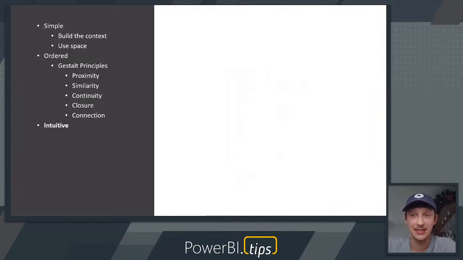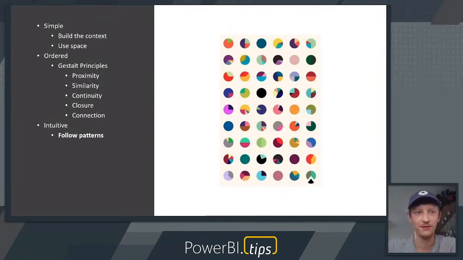And last but not least, the intuitiveness of our apps is also crucial. One great tip that is super simple and gives you a lot of benefits for your apps is to follow the patterns of organizations.